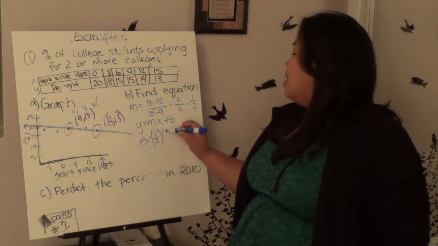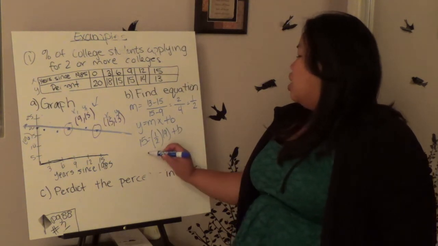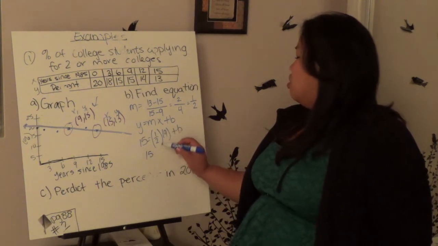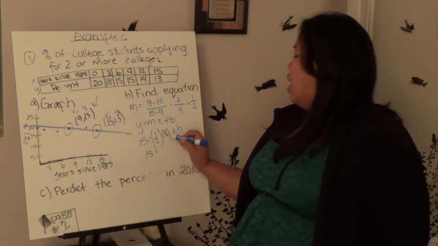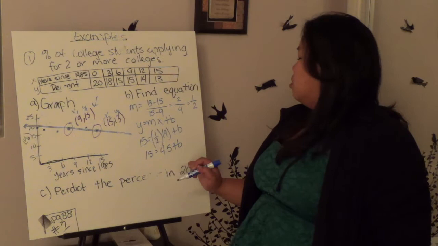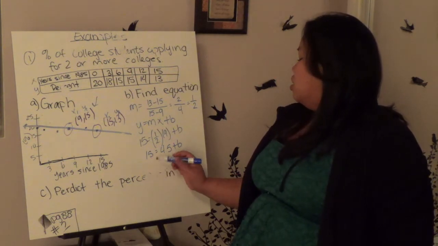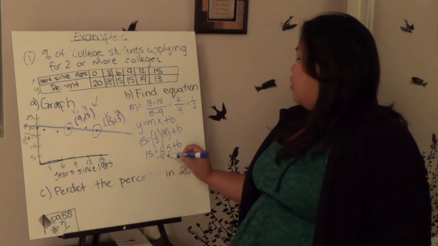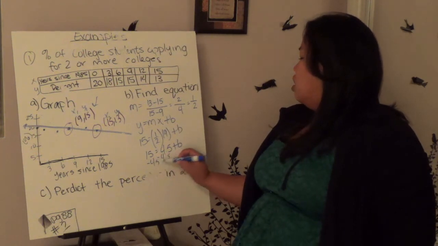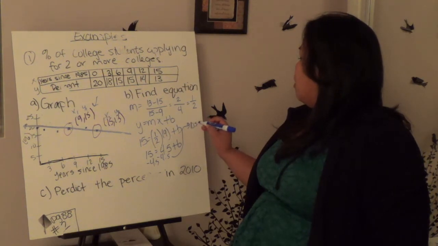My x is 9, plus b. Okay? So this is 15 equals 1/2 of 9, which is 4.5, plus b, right? And then we subtract 4.5 from both sides. We end up with 10.5 equals b.